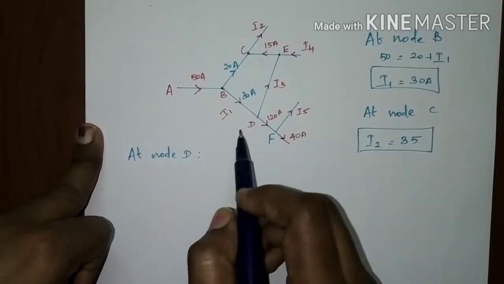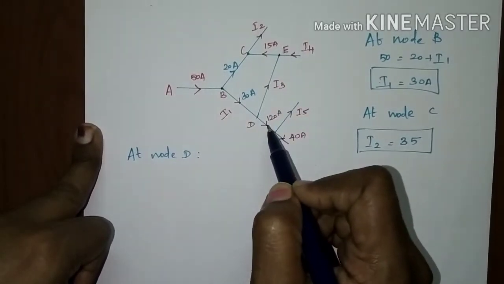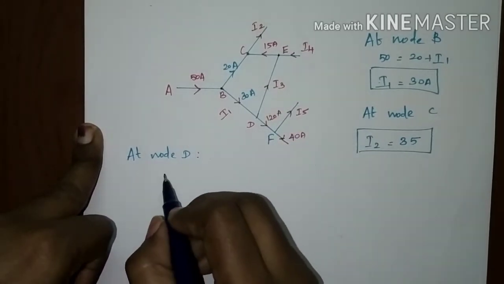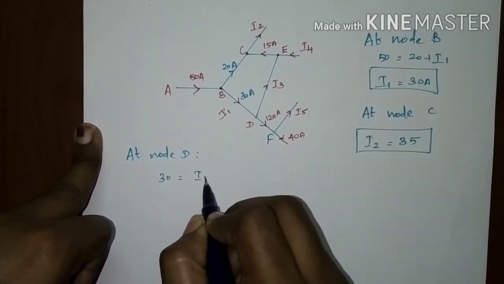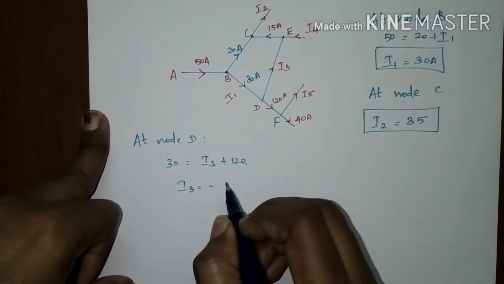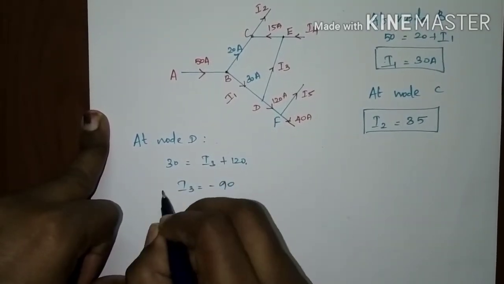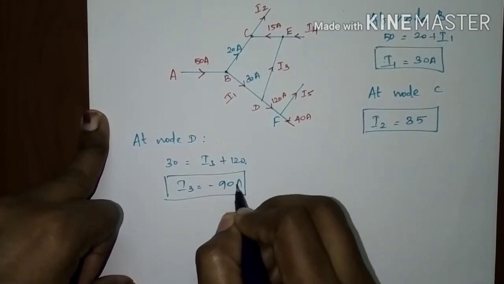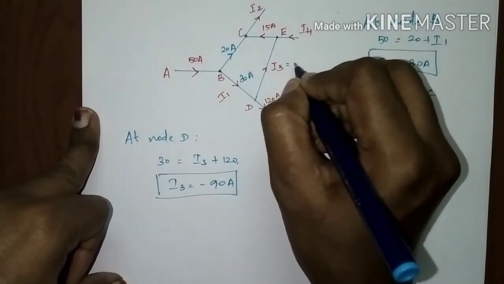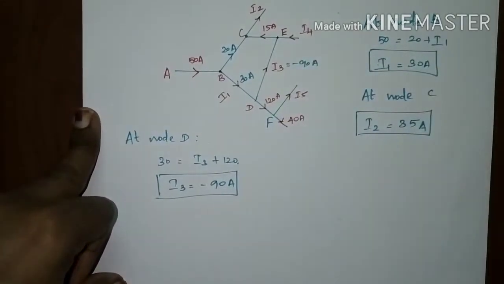At node D, the incoming current is 30 and the outgoing currents are I3 and 120. So 30 equals I3 plus 120, and we get the value of I3 as minus 90 ampere.